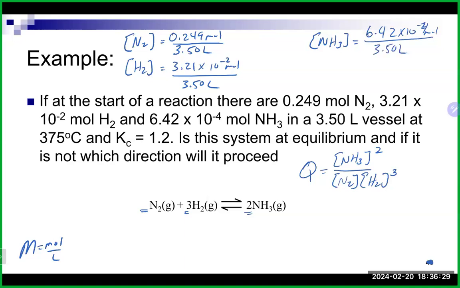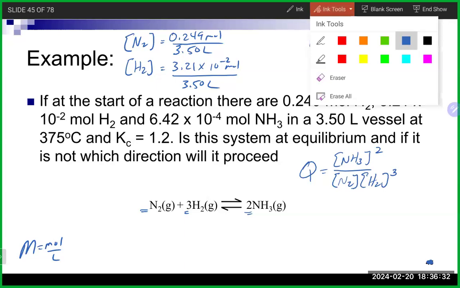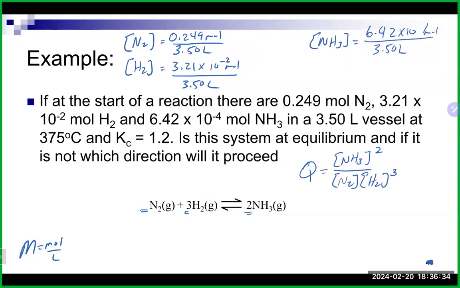So all we're doing here is calculating the molarity of each of those, because when we go into our Q expression, just like when we go into our K expression, if we're dealing with concentrations, it does need to be in molarity. So we will do 0.249 divided by 3.5. That's going to give us something like 0.0711, right? 3.21, make sure you use your exponent button, to the minus 2, divided by 3.5.